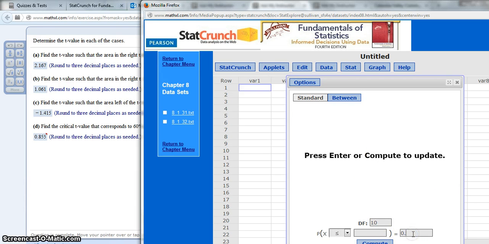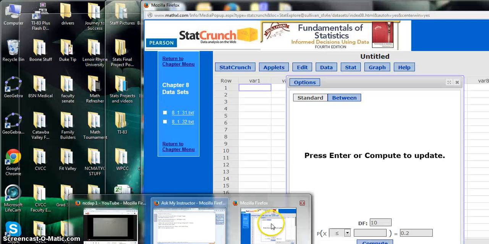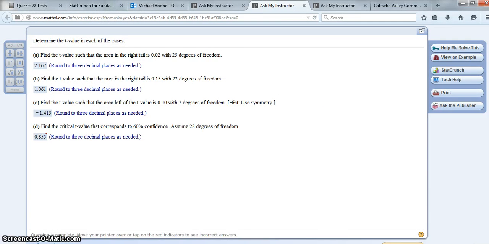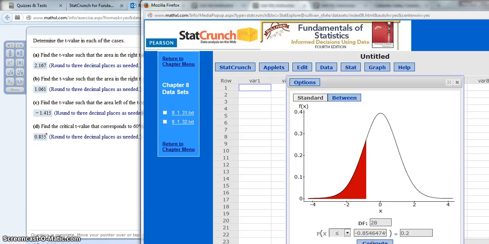So if I'm looking for a t value, 28 degrees of freedom, that means 20% would be the left, 20% would be the right, and you'd have 60% in the middle. That's how you would have to work this problem. So this one I got negative 0.855.